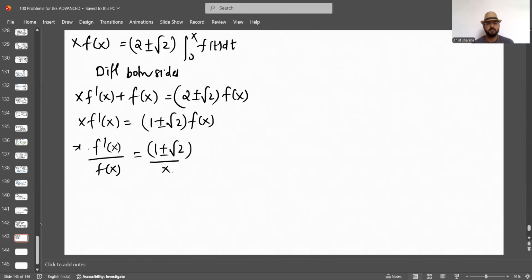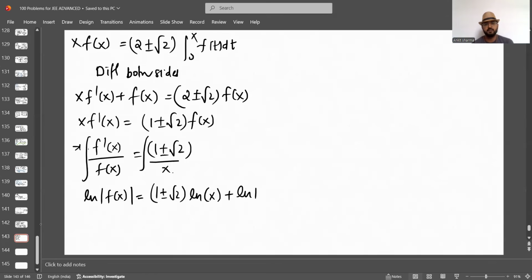Now integrate both sides. So this would give me ln of f of x is equal to 1 plus or minus root 2 into ln of x plus we can write the constant as ln of some k.